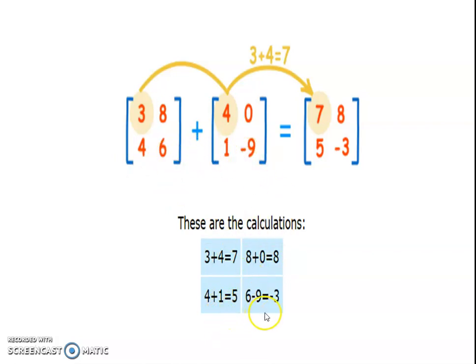And 6 minus 9 is equal to minus 3, because the minus is for the negative number minus 9. So we place 7 here, 8 here, 5 here and minus 3 here. Directly, you must define the addition of the matrix: 3 plus 4 is 7, 8 plus 0 is 8, 4 plus 1 is 5, 6 minus 9 is minus 3.